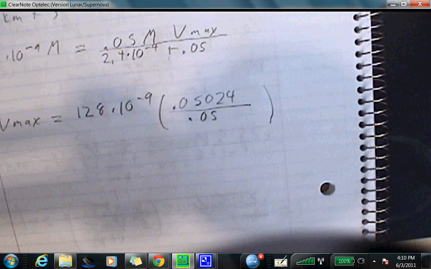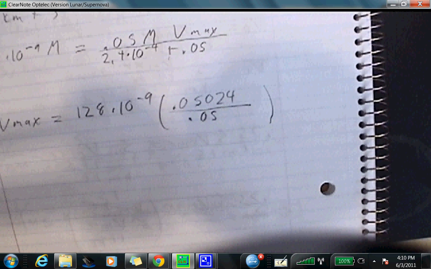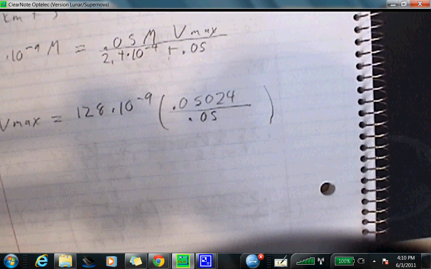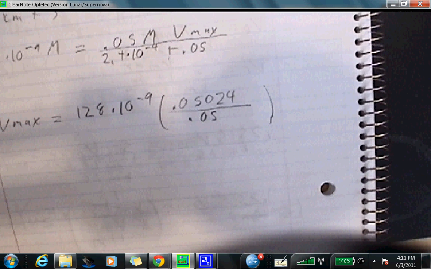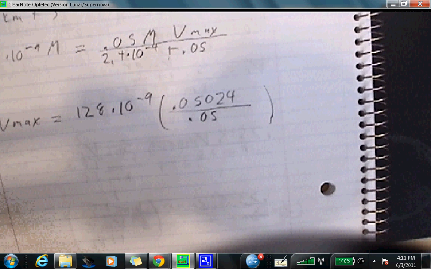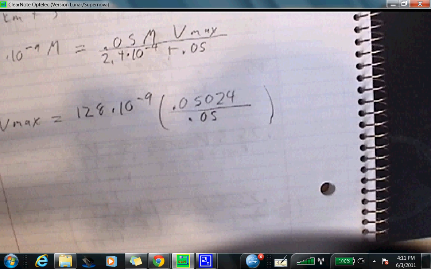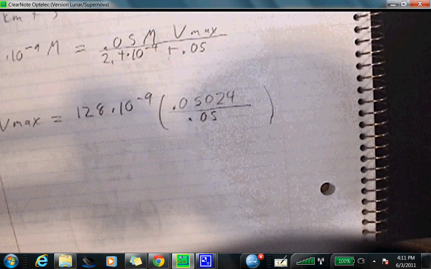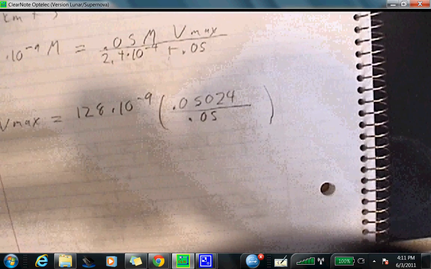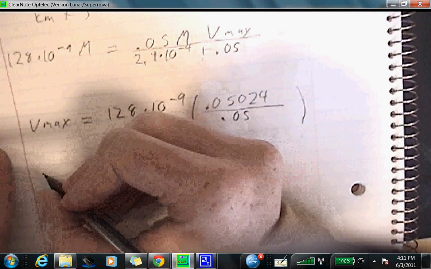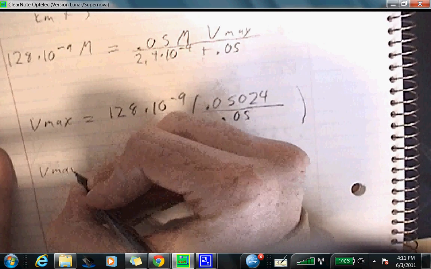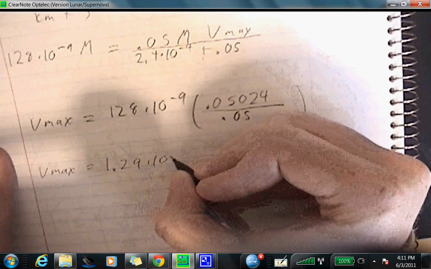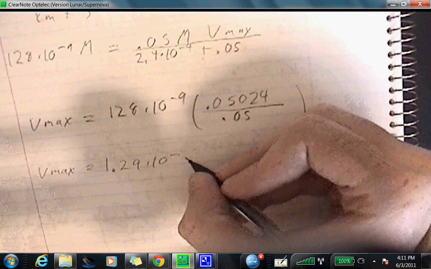Let me get you an answer real quick. We should be getting 1.28 or 1.29, so your Vmax is going to equal 1.29 times 10 to the negative 7th.